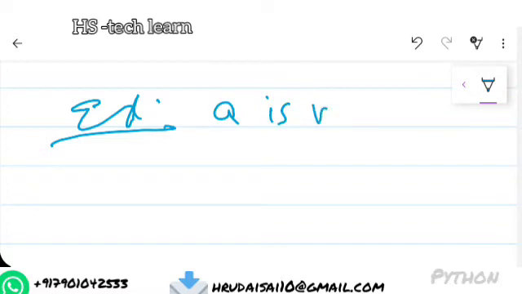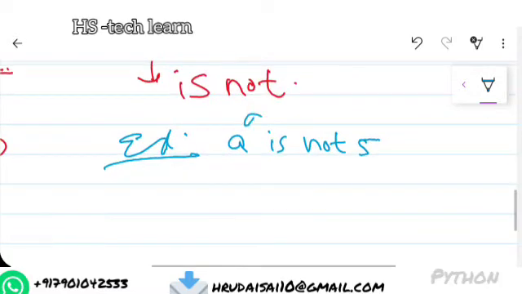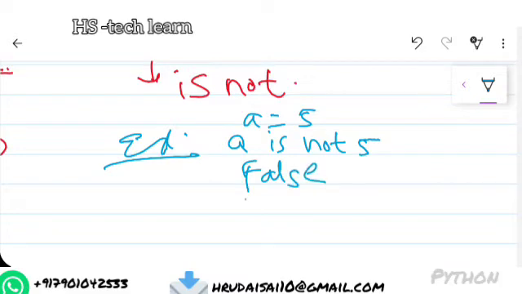A is not 5. Here we are saying A is not 5. So here A is 5. This condition failed, so it returns false. We will see a new example.